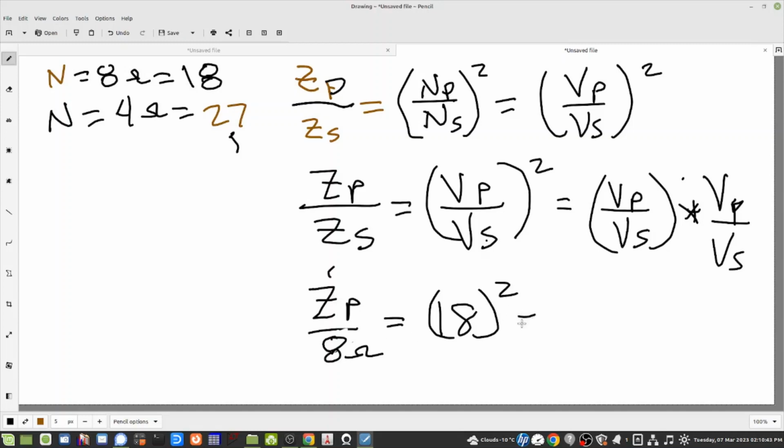So ZP equals 8 times 18 squared, which is 8 times 324. That's 18 squared. Thank goodness for the calculator. 324, 8 times is 2592.